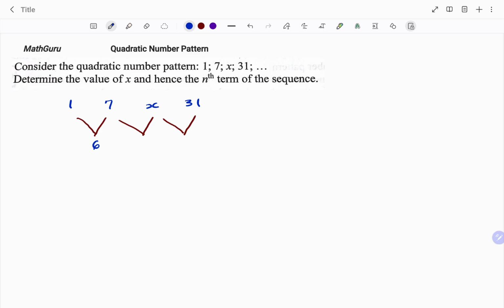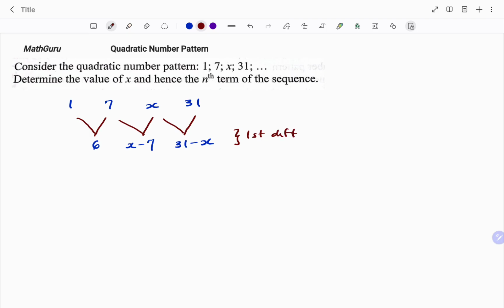Then we have x, which is in front, minus 7. And then 31 minus x, because x is the number before. So that will give us the expression 31 minus x. I'll tag this my first difference.